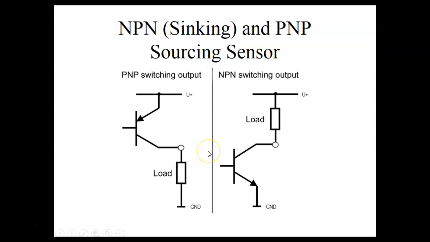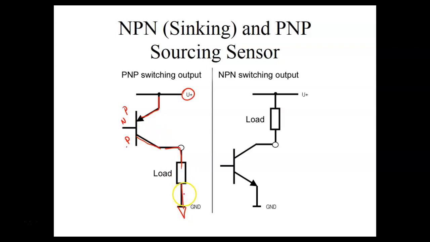So notice here, this is a PNP. The emitter is connected to plus, and of course, the collector is connected to common. Here they've got it down as ground.